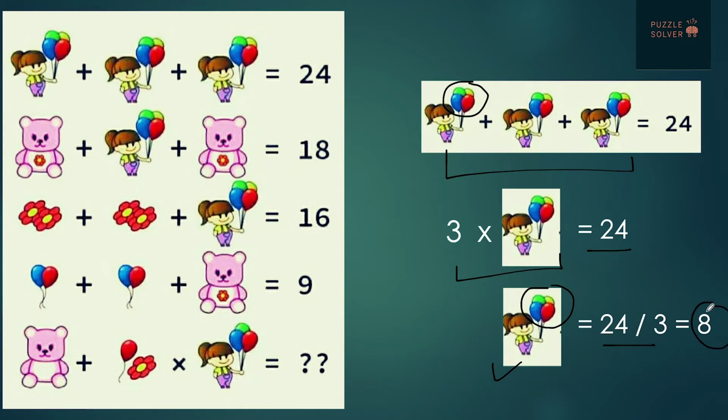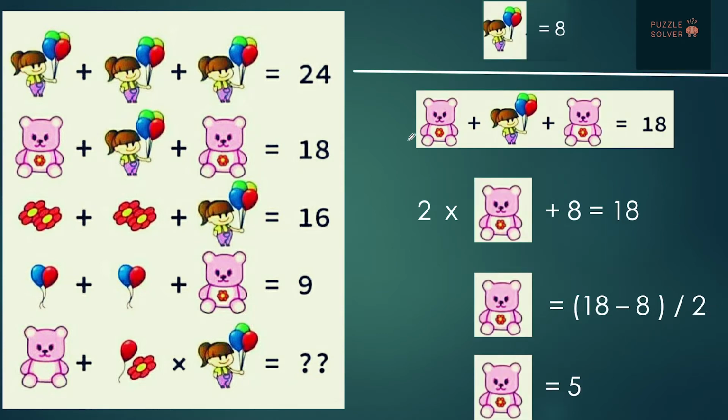Let's jump to the second equation. In the second equation, we have 2 teddy bears having a flower print and we have one girl holding 4 balloons. We know the value of one girl holding 4 balloons is 8. We put this value in the second equation. This becomes 2 teddy bears plus 8 is equal to 18.